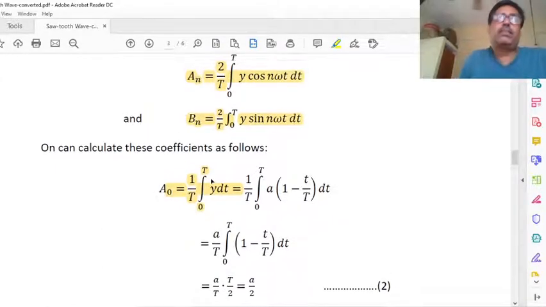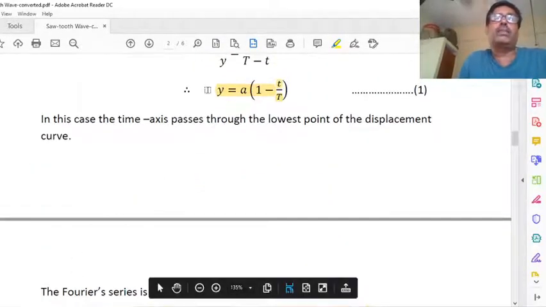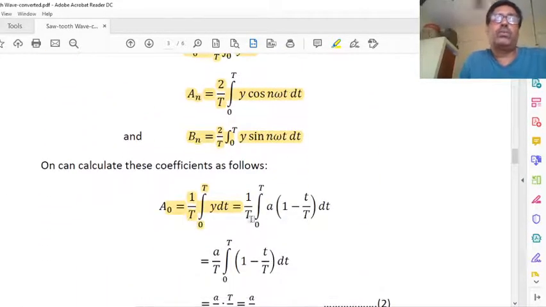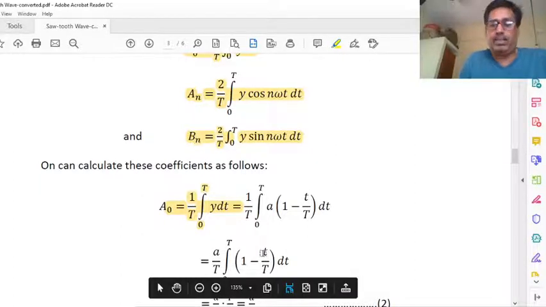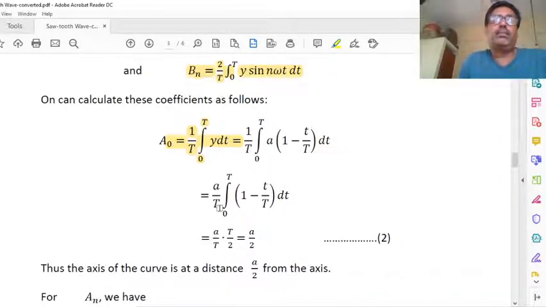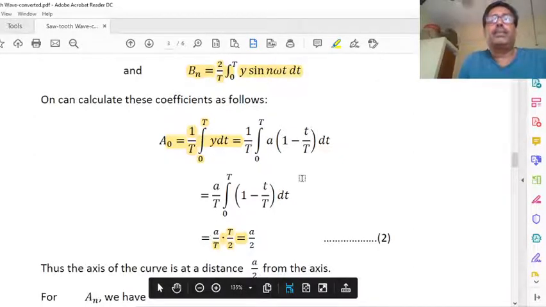And y is, from equation 1, equal to A times 1 minus t by T. If we resolve the bracket, it will be dt and t by T into dt, and after integration we get A by T times T by 2. T cancels, so a0 is equal to A by 2.